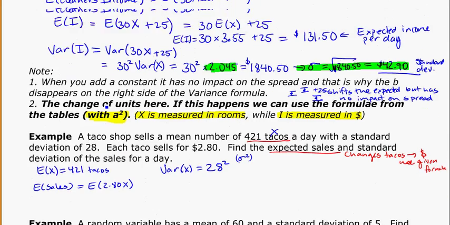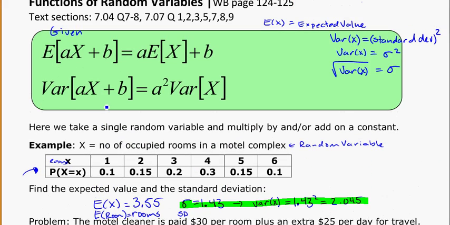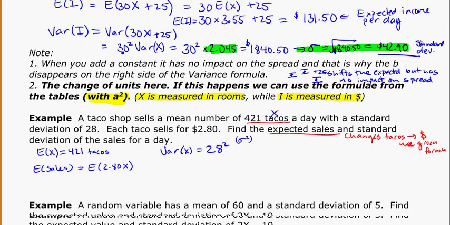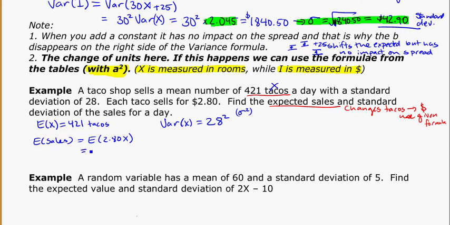So using our formula, if you go back up and look, E of $2.80 per taco times the number of tacos, and there's no constant in this question, so we can ignore the b. So that just becomes $2.80 times E of x, which is $2.80 times 421 tacos, which is going to be 1,178.80.